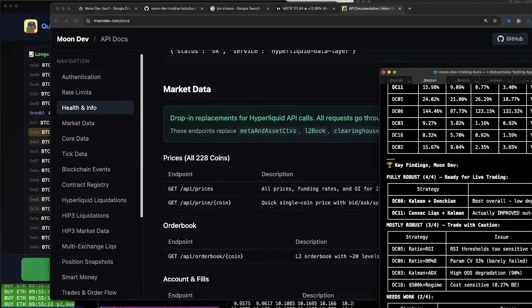Okay, so I mean, to me, it looks like the first two, the DC08 and DC11, are the only two to run. Go ahead and update this February folder. It should be in the backtest where you put an MD showing this data here for how it did and the robustness test for those top two and explaining them shortly and concisely in layman's terms.